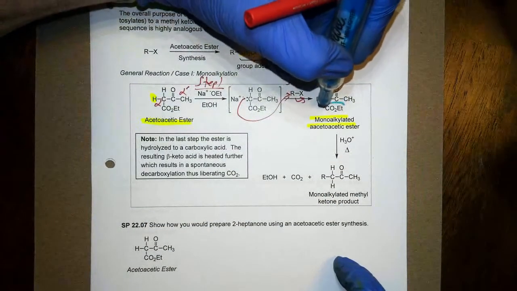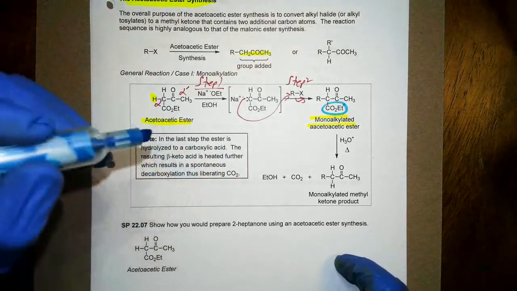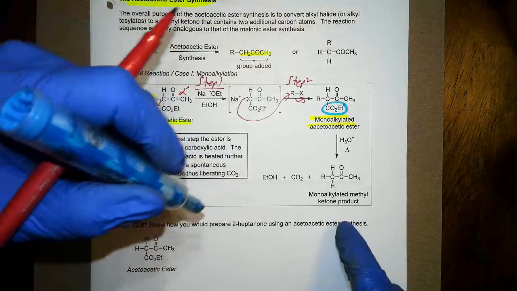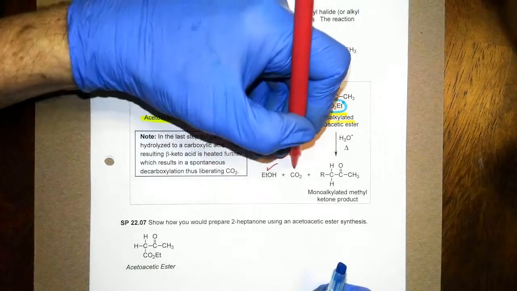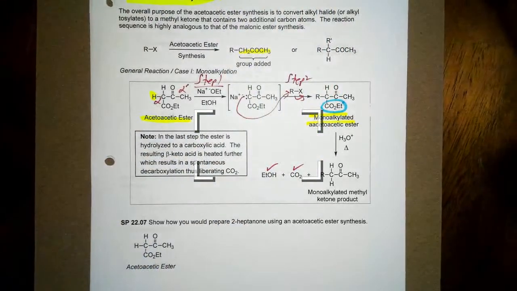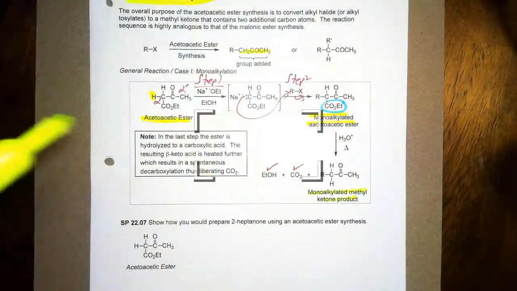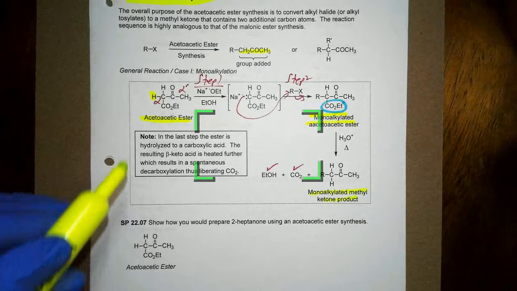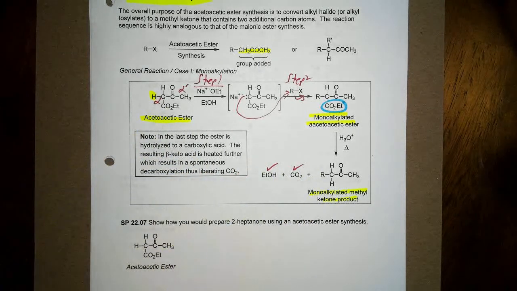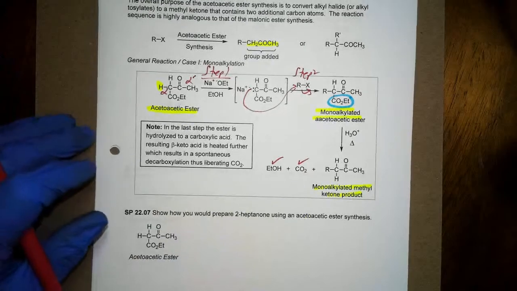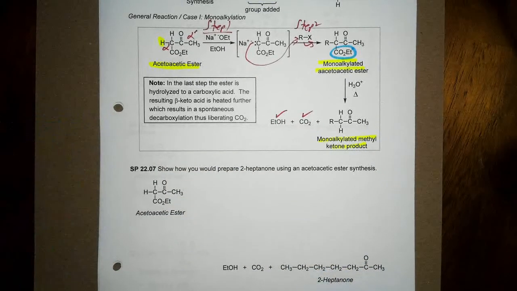You're going to hydrolyze the ethyl ester, and you're also going to decarboxylate, and henceforth there's ethanol, the hydrolysis product, there's CO2, the decarboxylation, and you have made your monoalkylated methyl ketone product. So in effect, where you used to have a hydrogen, you now have an R group, and so this is a more complicated methyl ketone than what you had originally with the acetoacetic ester.